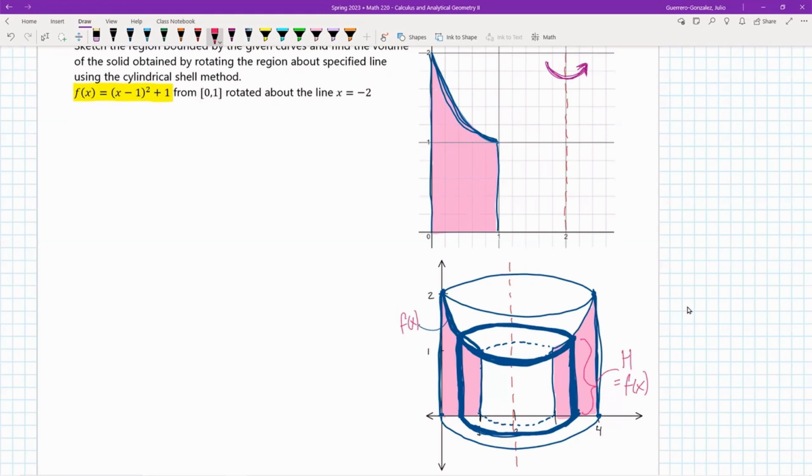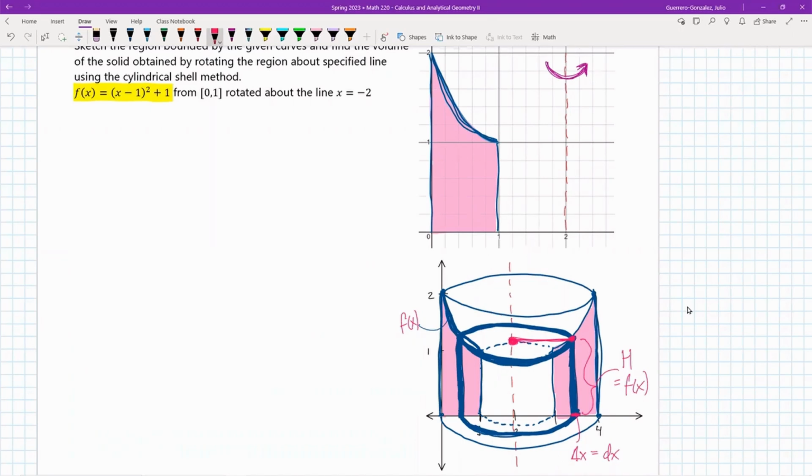Okay. We have a thickness. Notice that the thickness of this cylinder is my delta x, right? That's going to end up turning into my dx. So all that's left now, here's the tricky part, is that we want this distance right here, because we need that radius that goes outward. We need that thickness, that distance, okay?